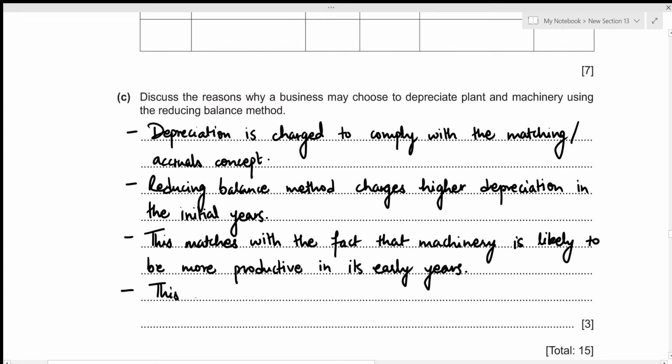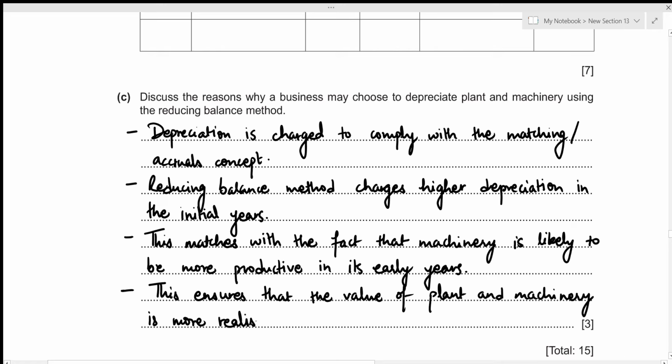This ensures that the value of plant and machinery is more realistic and represents a true and fair view. Alright, this concludes the third part as well as this question.